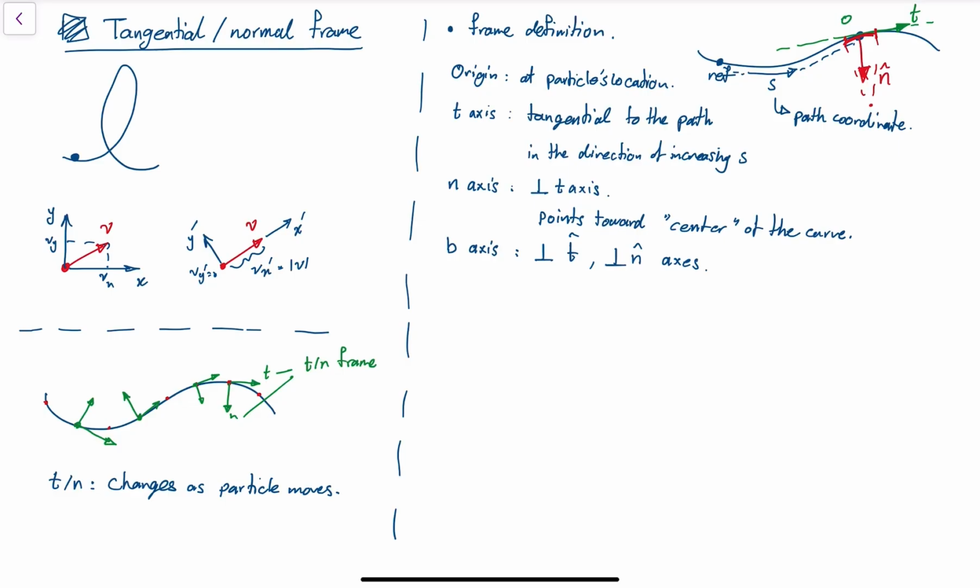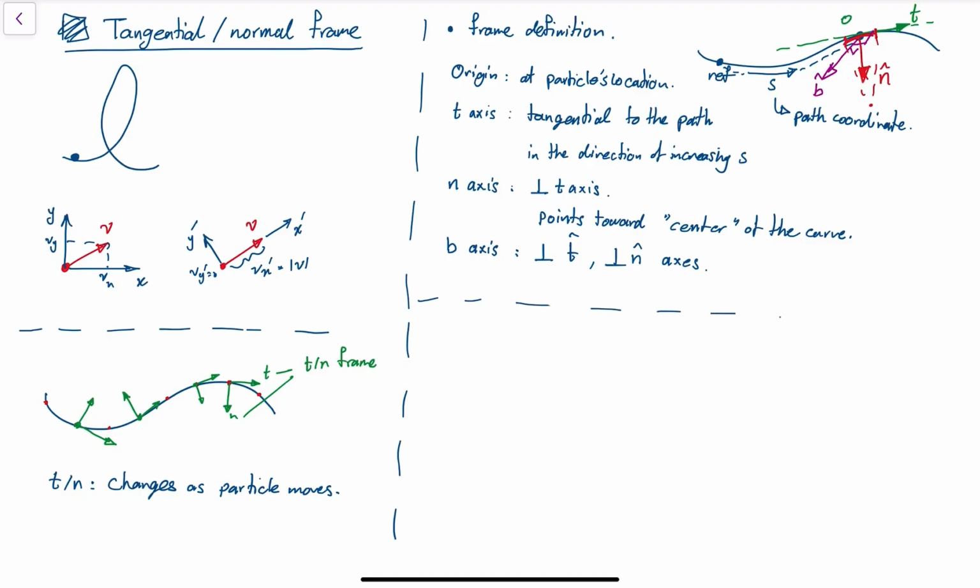In this case, I'm not going to draw it because it looks very messy. Maybe I can try. Let's call this the b. b is perpendicular to both this and that. Okay, that's how we define the frame.